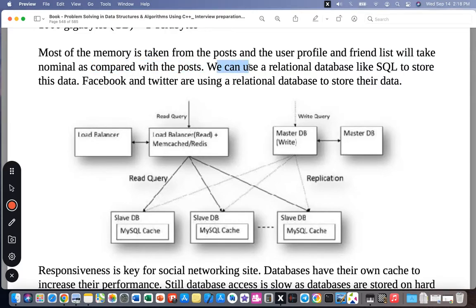So we can use a relational database like SQL to store this data. Facebook and Twitter are using relational databases to store their data. And SQL is relational, right? There are relational and non-relational databases. SQL is relational.